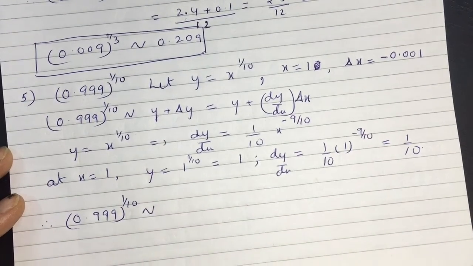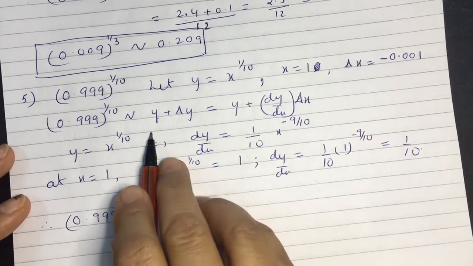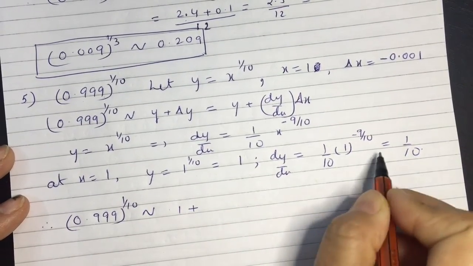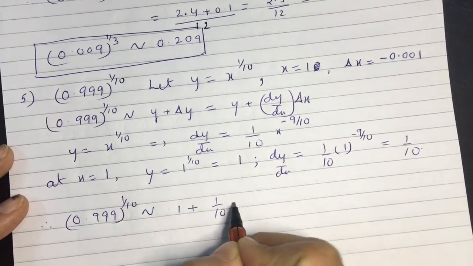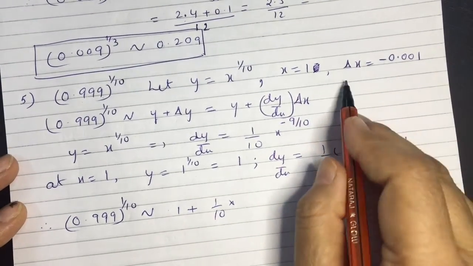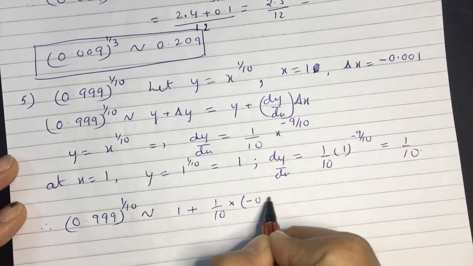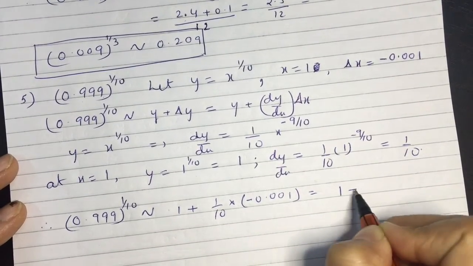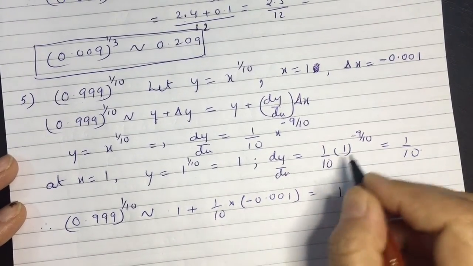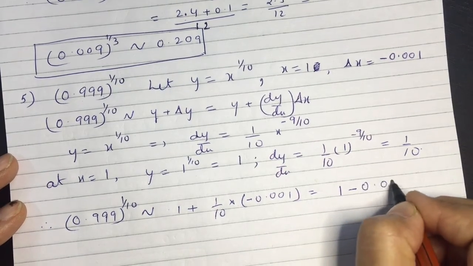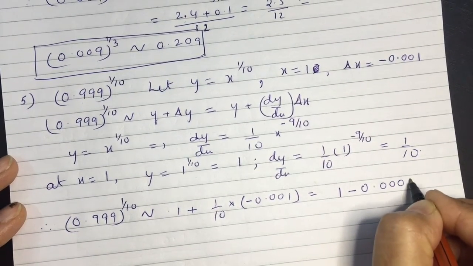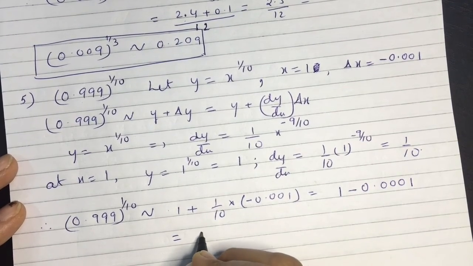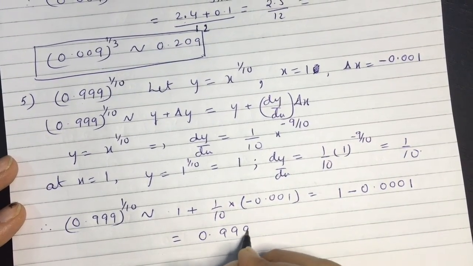Therefore, the 10th root of 0.999 is approximately equal to y is 1 plus dy by dx is 1 upon 10 into the increment is minus 0.001, which is equal to 1 minus 0.0001, which is equal to 0.9999.